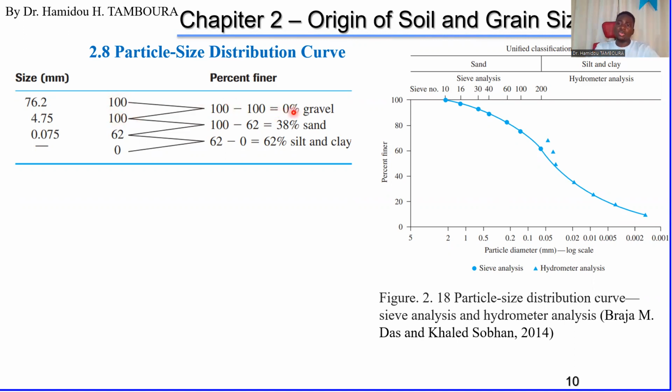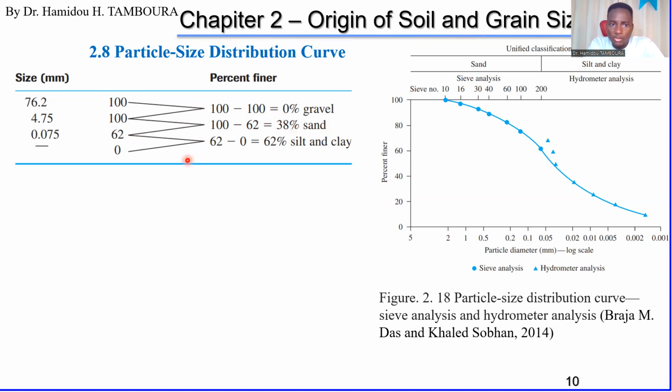It means 0% of this soil is gravel. No gravel in this soil. And then for sand, remember it's between this size and this size, so we do this one minus this one. 100 minus 62 gives us 38%. So it means 38% of the soil is sand.